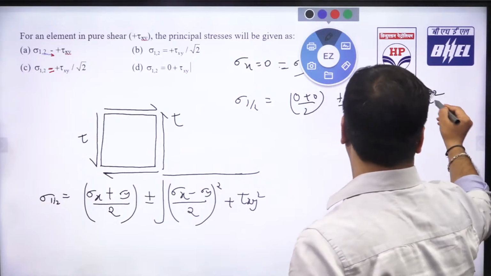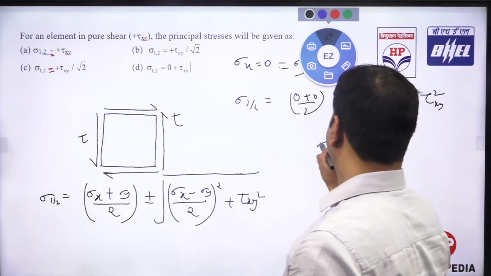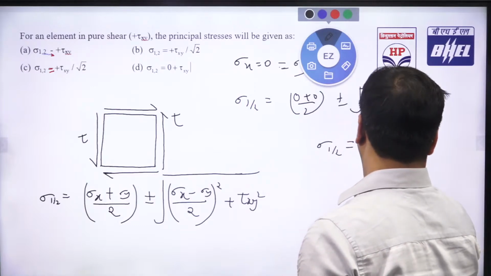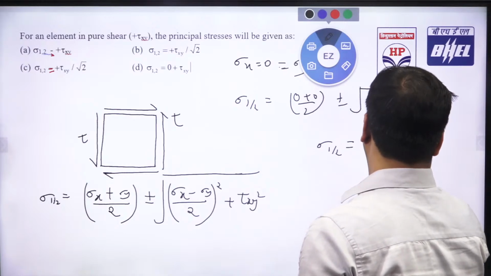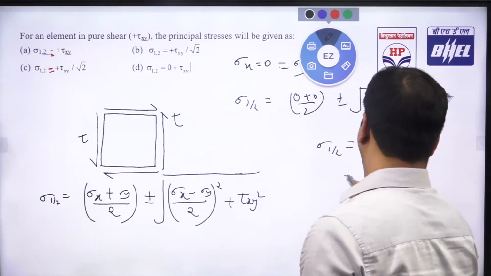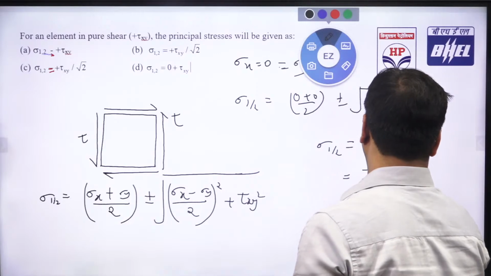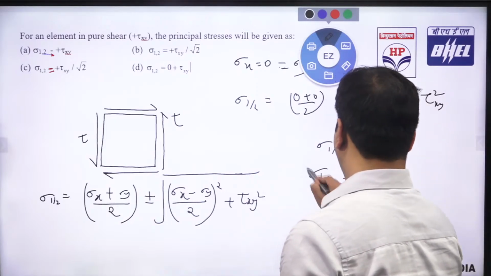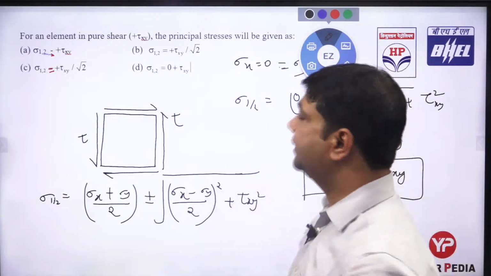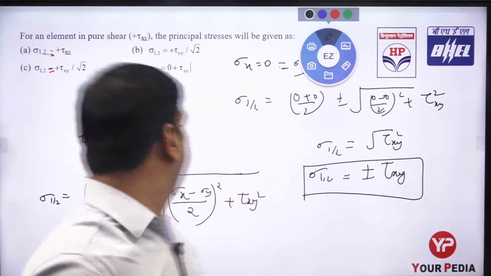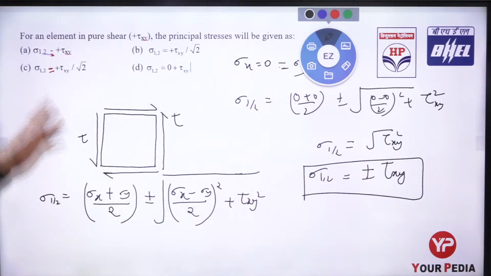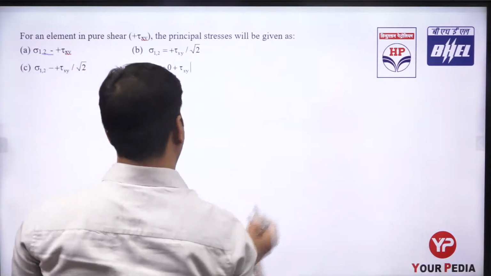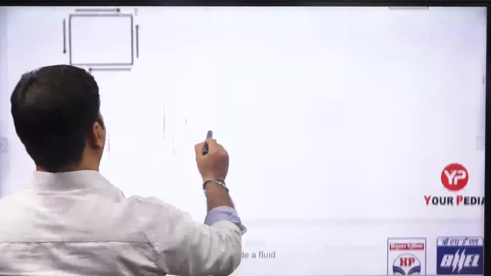So from here sigma 1, 2 equals to square root of tau xy square, so this is plus minus tau xy. This is sigma 1, 2. It is clear? So the answer is first. Okay, just solve the next numerical.